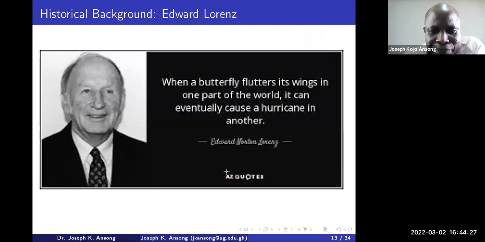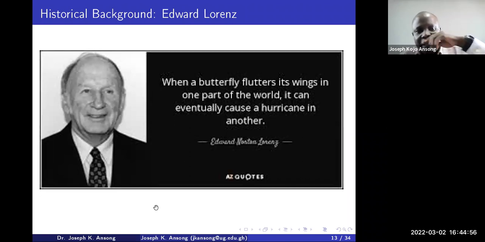So he's been quoted as saying, referring to this unpredictability, that when a butterfly flutters its wings in one part of the world, it can eventually cause a hurricane in another, right? Basically trying to make the point that it's very challenging and difficult to predict the weather. Okay, so that was from Newton to Poincaré to Lorenz.